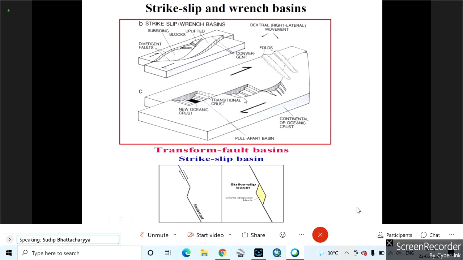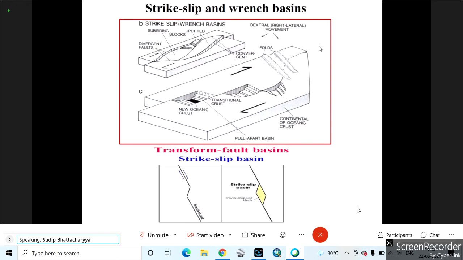So if there is a bend in a shear zone, and if the two parts on the opposite sides of the shear zone pass one another, then what happens?